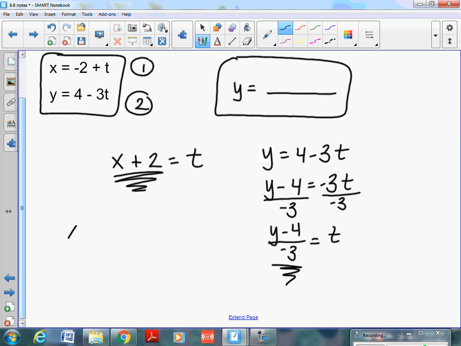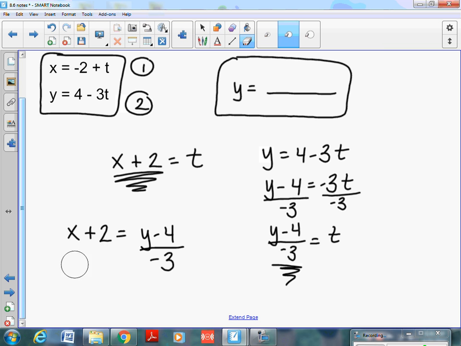So x plus 2 equals y minus 4 over negative 3. Okay, you can do two things. You can put the x plus 2 over 1, and you can cross multiply because you have a fraction equals a fraction. Or you can take away that line with the 1, and if you want to get rid of the negative 3 in the denominator, all you have to do is multiply both sides by negative 3. It doesn't matter which way you do it.